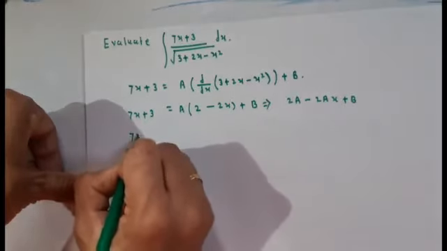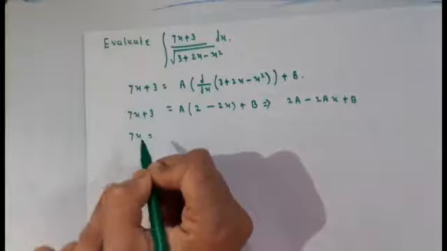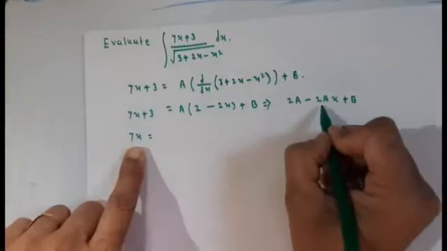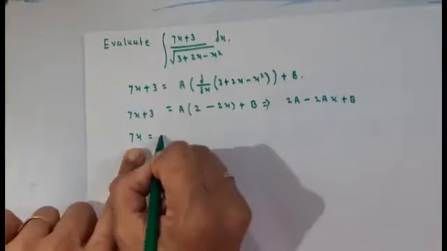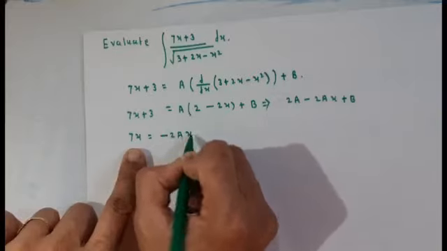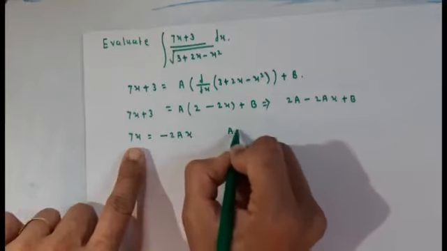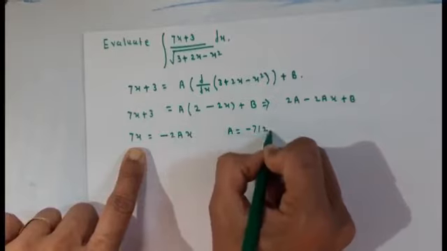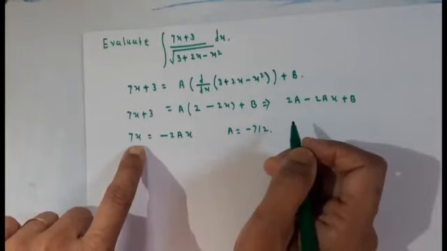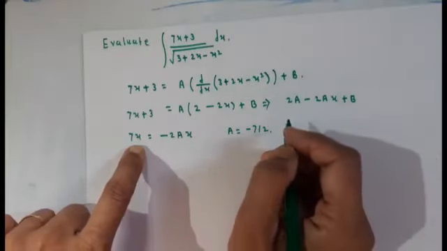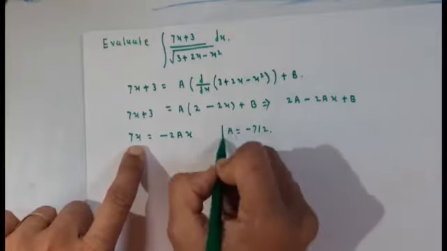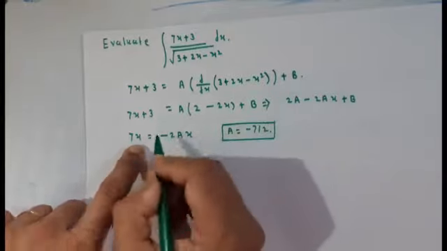Now let us take the coefficient of x for the comparison. Here the coefficient of x is minus 2ax, and therefore the value of a is minus 7 by 2. Okay. Now the constant term.